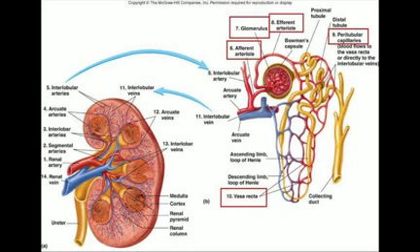That is the primary network of capillaries in the Bowman's capsule, formed by the incoming afferent arteriole and the outgoing efferent arteriole.